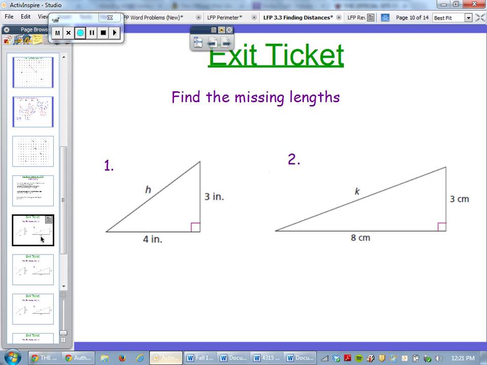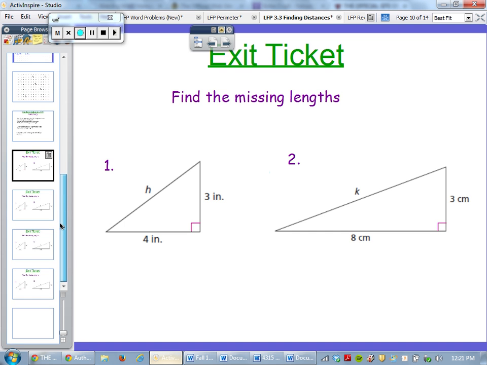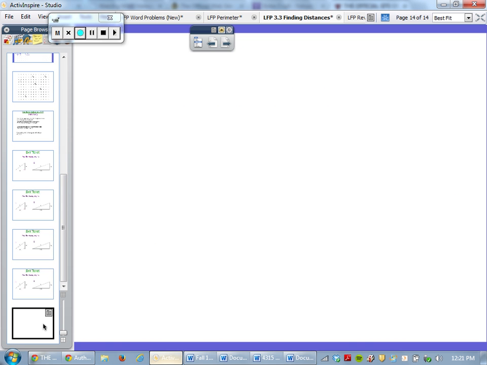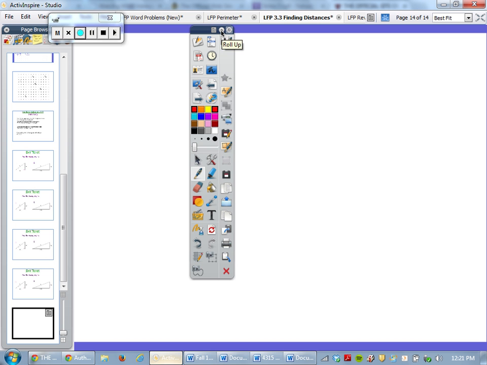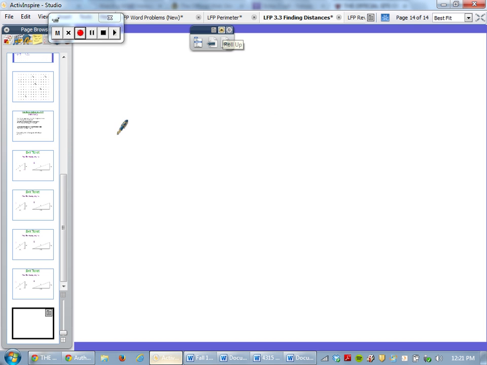Okay, so for starters, let's make a right triangle here.